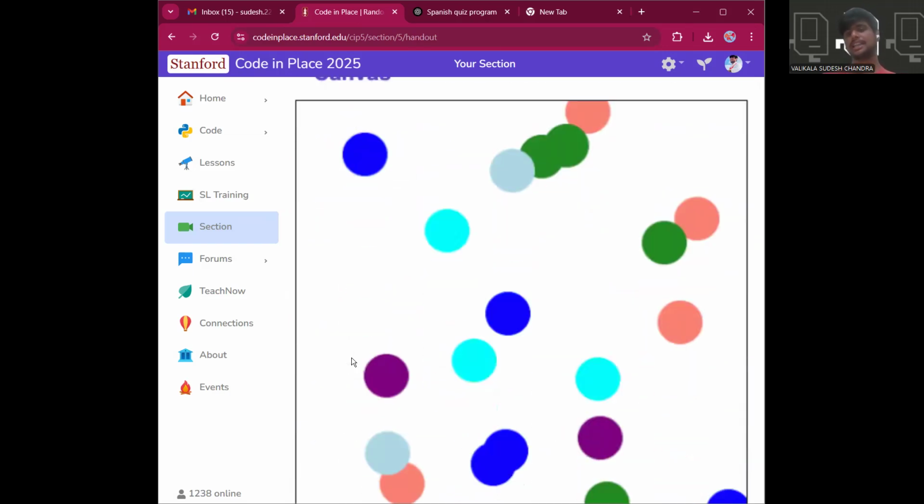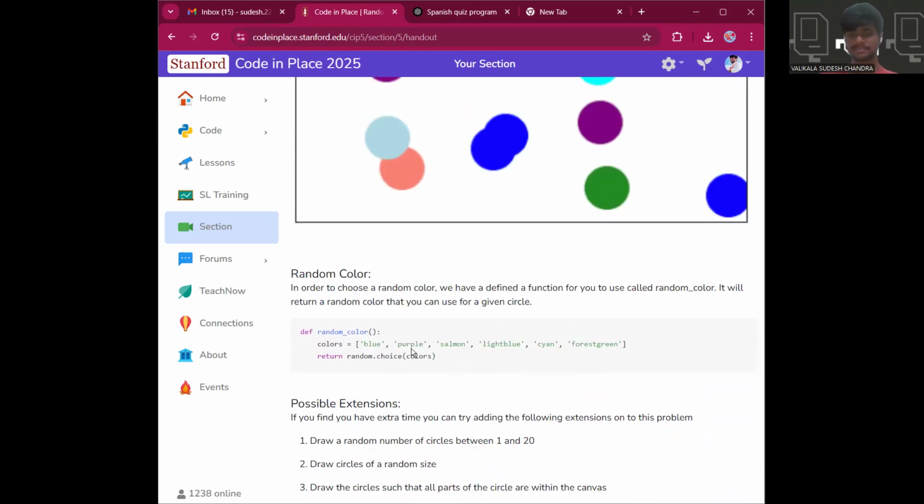So our agenda is to write code such that we create these circles inside this canvas, and we have been provided with some colors in a list: blue, purple, salmon, light blue, forest green, etc. As you know, in order to take a random color, we're going to use the random module.